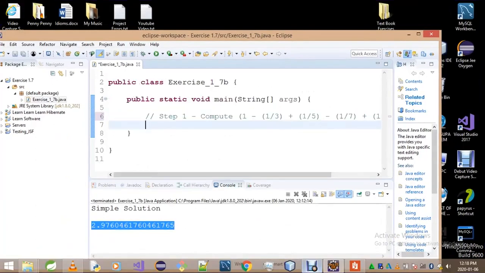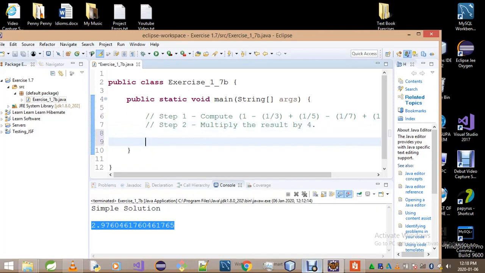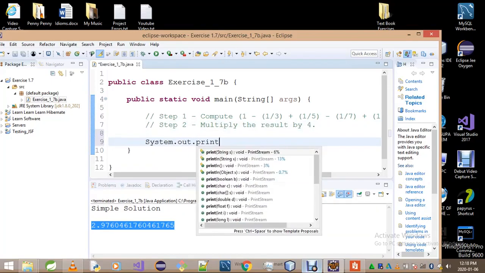And the second step is to multiply the results by 4. So basically this is what we're gonna have: System.out.println.